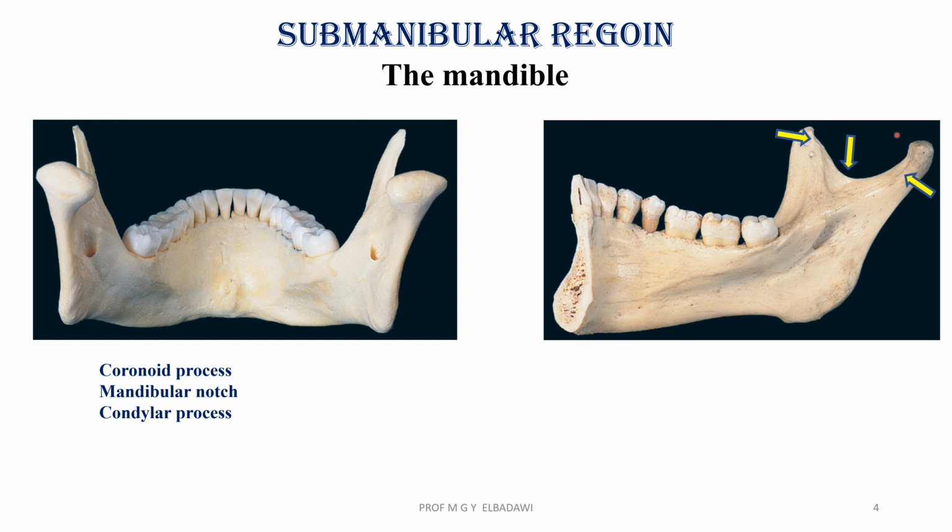That is the upper part of the ramus. We can see the mandibular foramen here and on the other side here. Then that is the pterygoid fossa on the inner aspect of the neck of the mandible, which gives attachment to the lateral pterygoid.